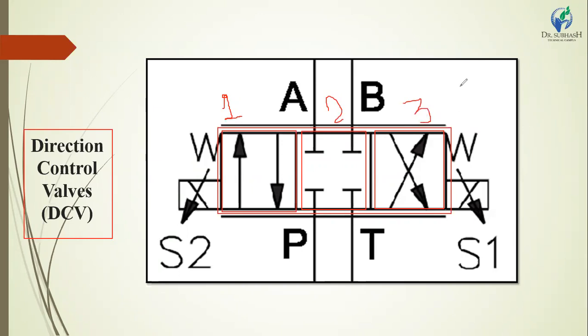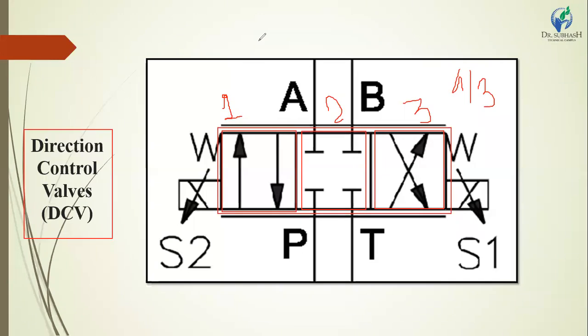The type of DCV is 4 by 3. 4 means the number of ports available in the direction control valve. 3 means the available positions: position 1, position 2 and position 3.